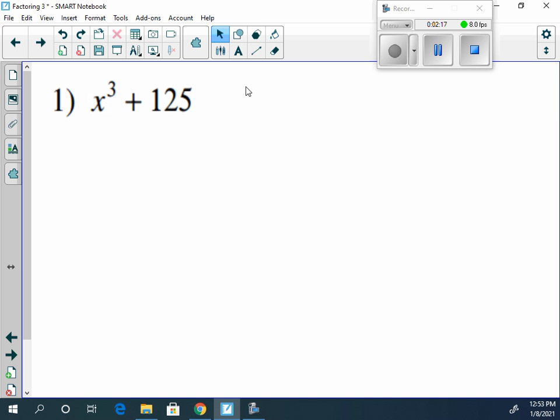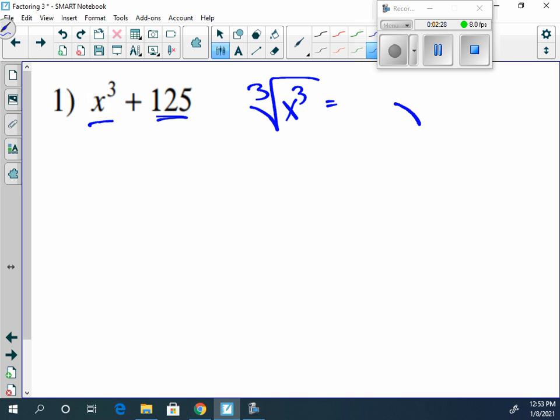So when we look at the sum and difference of perfect cubes, the first thing we need to determine is, are these two here both perfect cubes? And the way we can do that is by taking the cubed root of both of them. So we can take the cubed root of x to the third and the cubed root of 125.